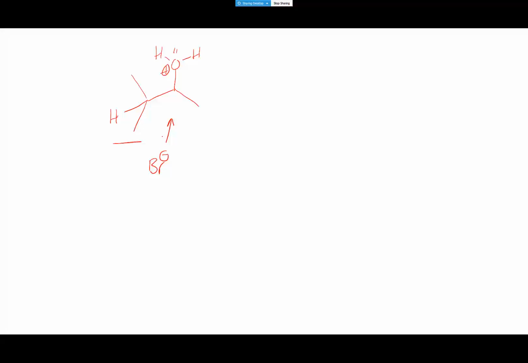Let me read you the way I want the question to go. Show the mechanism for forming the rearranged SN1. So the rearranged goes with SN1. It does not go with SN2. This just goes SN2.